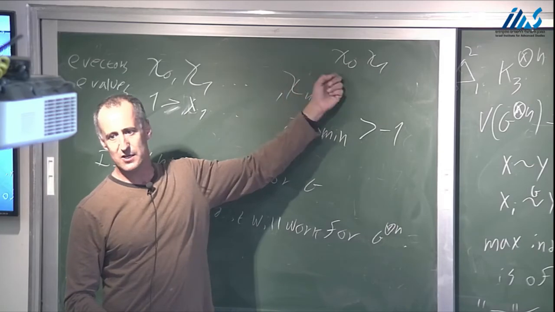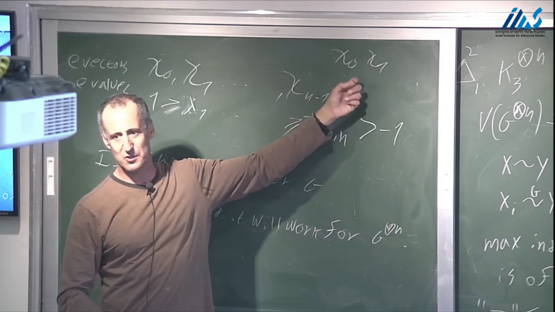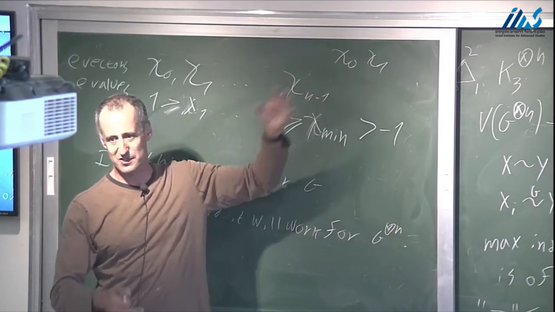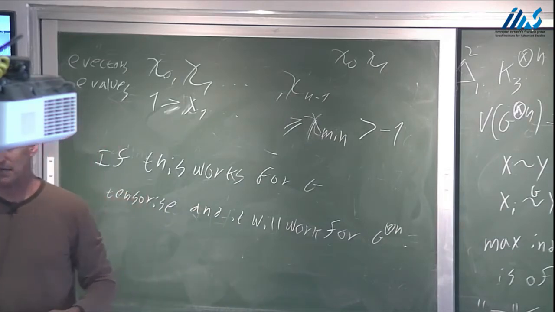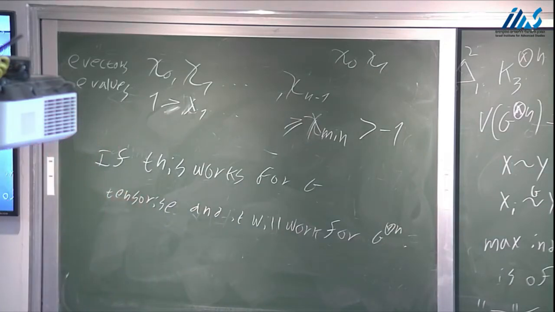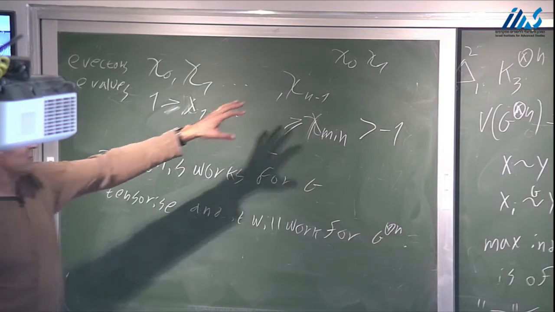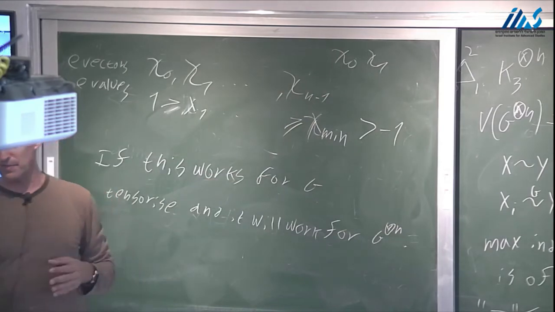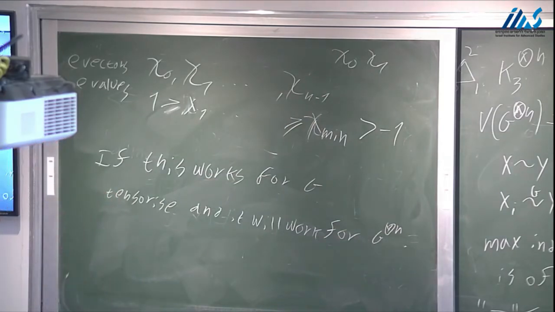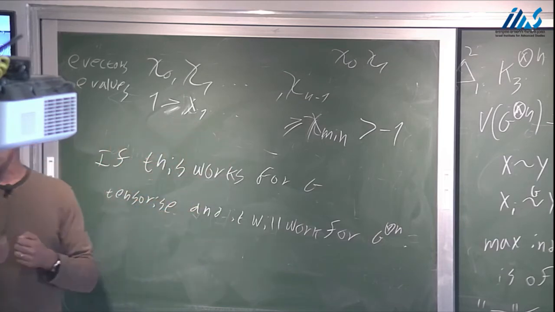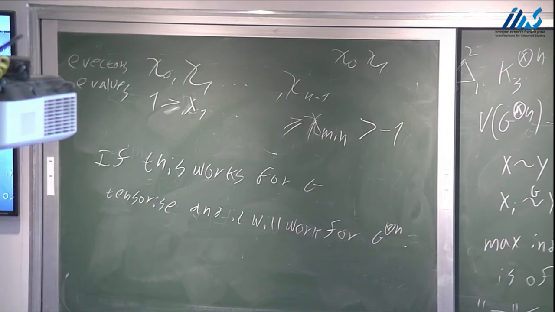So I could take chi 0, tensor chi 0, tensor chi 0, tensor chi 1, tensor chi 1, tensor chi 0. I have n of these, and then I get 2 to the n functions, which is the right number. And if I started with an orthonormal basis for the base space, I'm going to end up with an orthonormal basis for the product space, and the new eigenvalues are just going to be the products of the eigenvalues of the base space.